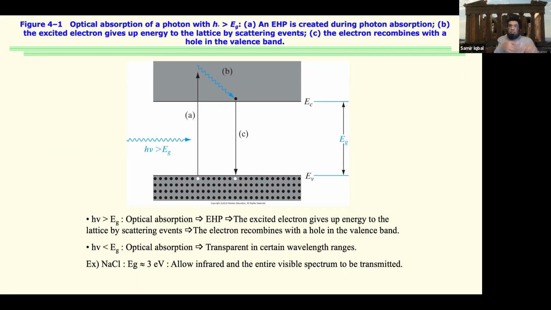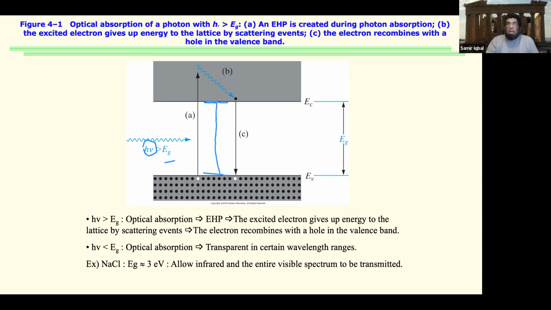But that h mu, as it is written here, gives energy to the incident photon that has to be larger than the band gap, which is from here to here.